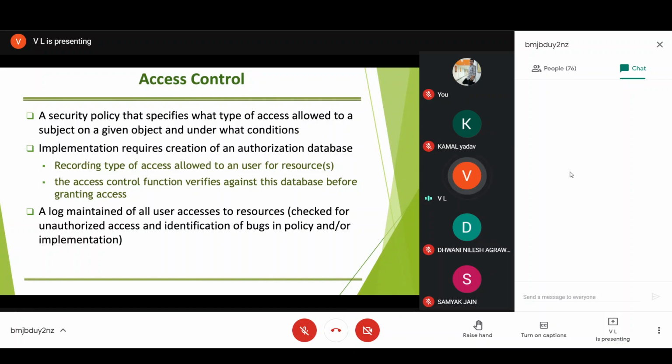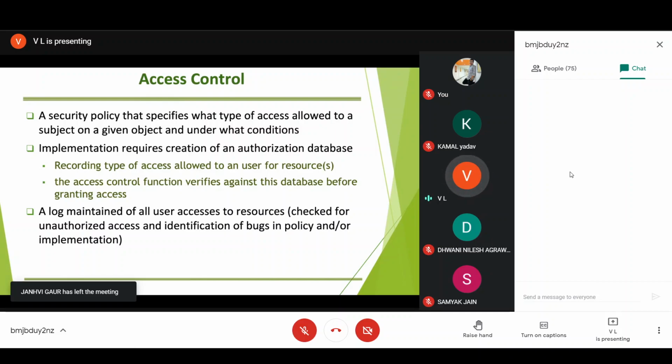Naturally, to ensure that the policy is correctly implemented, an implementation will require some kind of information to be stored. This information should store what the different objects in the system are, what the different subjects in the system are, and what access is allowed to which subject on which object and under what condition.